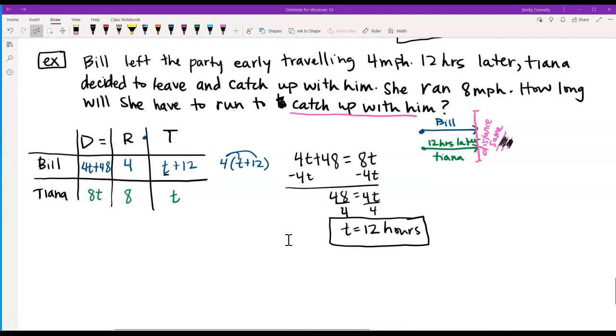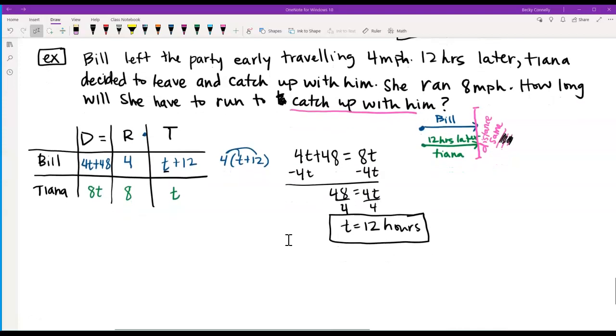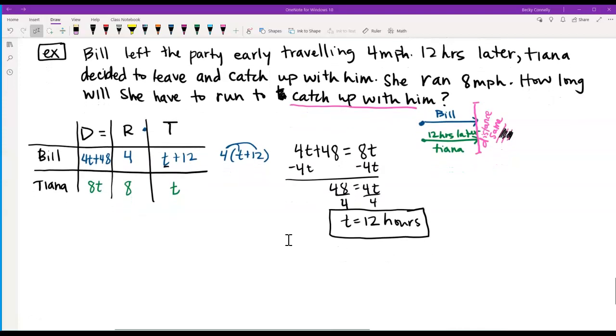I'm more than happy to stay on longer than 4 o'clock. If you are really struggling with these story problems, please stay on and we can look at more questions off of the homework. Okay, let's take a little 3-minute break right now.